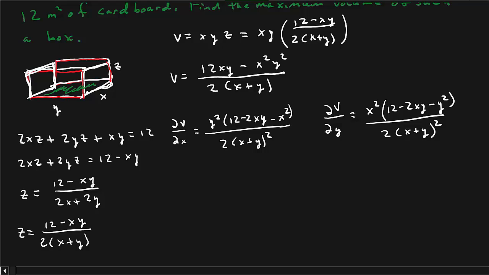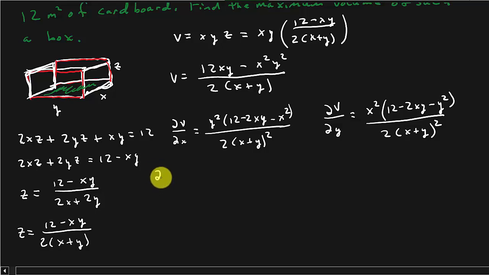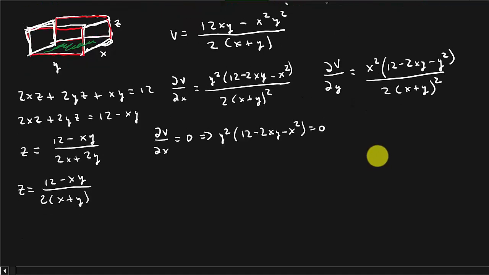All right. So here's your partial of v with respect to x and with respect to y. So what do we need to do? We need to take the partial with respect to x, set that equal to 0, which means that y squared times (12 minus 2xy minus x squared) equals 0, right?